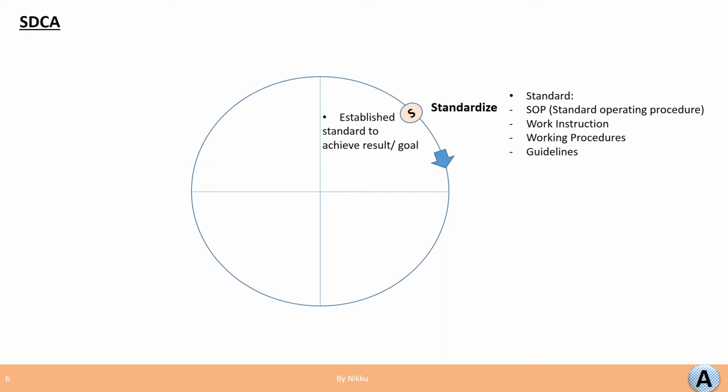The next phase is D, do. Do means implement the standard. In the previous phase S, standardize, we have a standard to achieve our result or goal, in terms of SOP, work instructions, working procedures, guidelines, etc. In the do phase, we are implementing those standards.